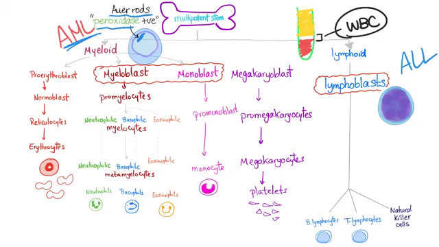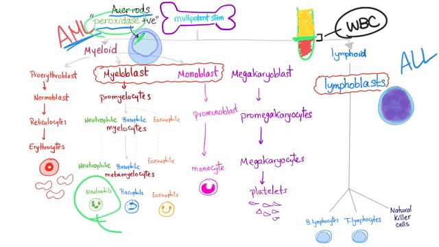And I've told you this white area sometimes can appear greenish, and I've told you why, because neutrophils produce myeloperoxidase, and here the Auer rods are myeloperoxidase positive.